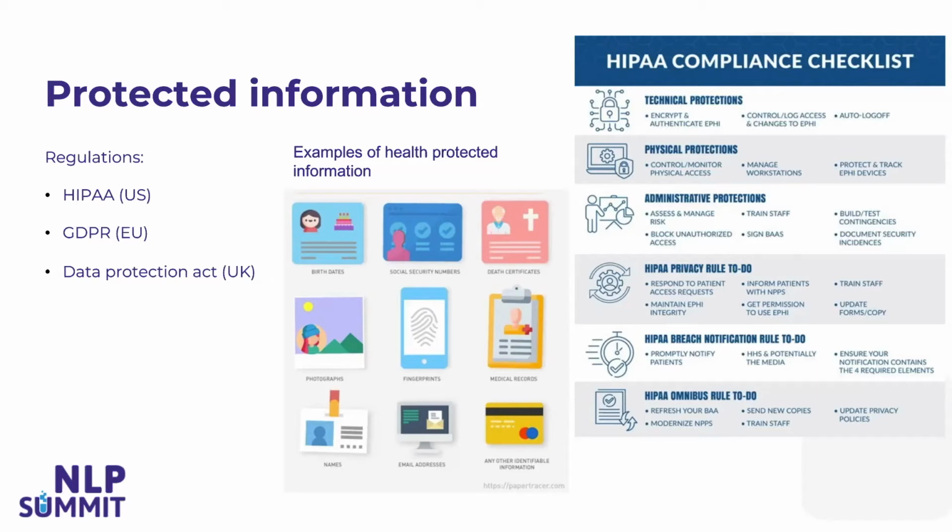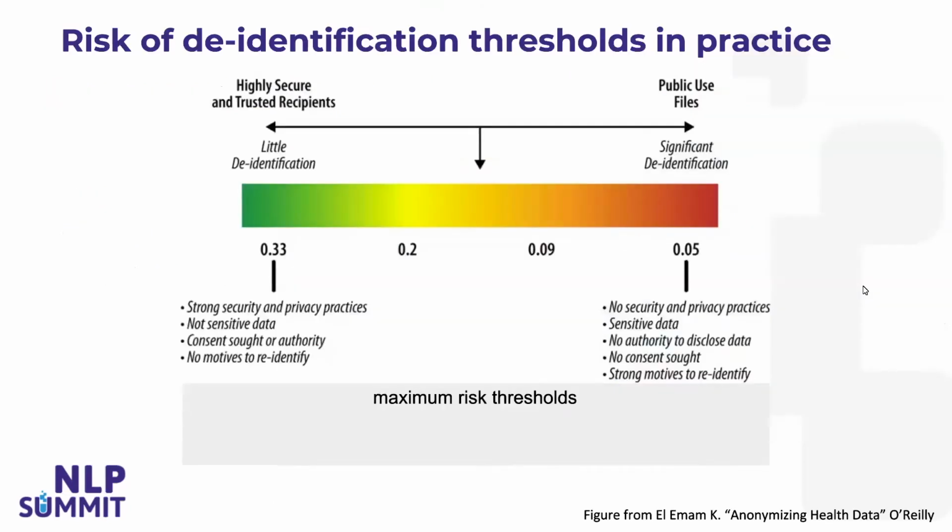Examples from the HIPAA compliance can be birth dates, social security numbers, death certificates, names, of course, medical records, and some other information that can directly lead to the patient and show his identity based on the records which were stored or publicly exposed.